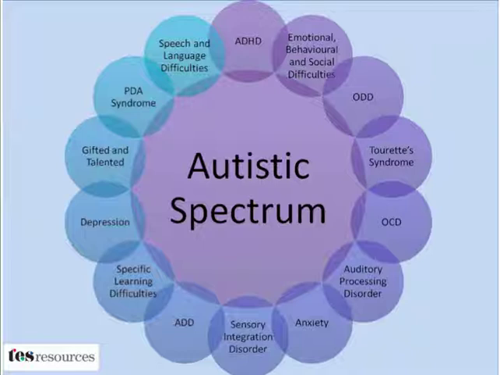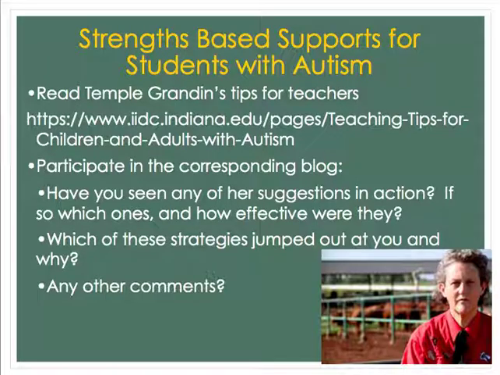Often they'll only wear a certain type of fabric because others just feel like they're scratching. So a lot of other issues often come along with students on the autism spectrum.